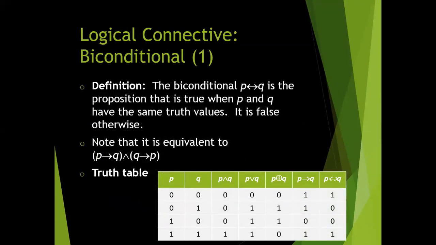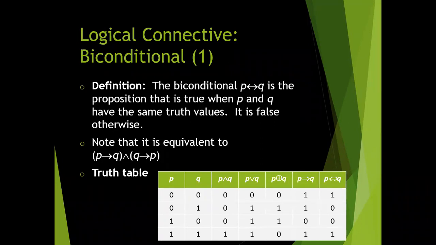Now the next connective is known as the biconditional. Definition: the biconditional is bidirectional. A normal conditional is single directional from P to Q, or we can change the circumstances and write it as Q to P. But the biconditional is bidirectional.